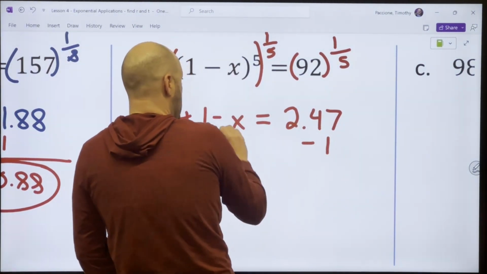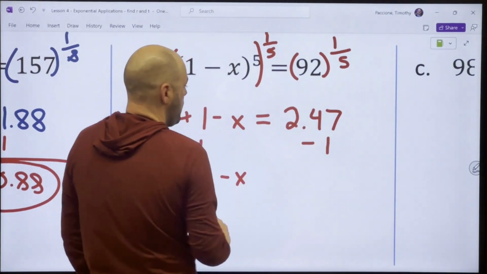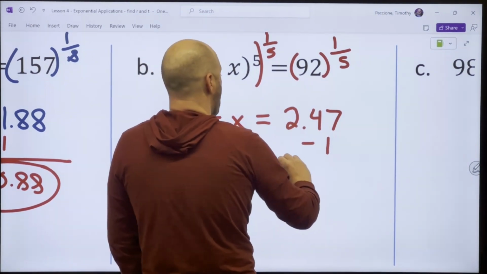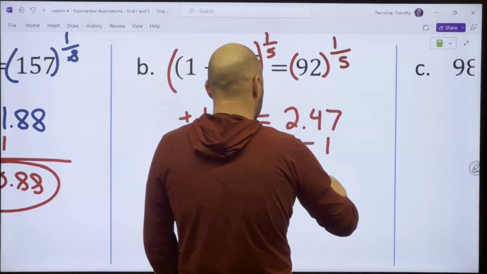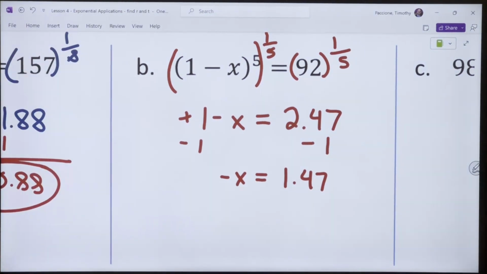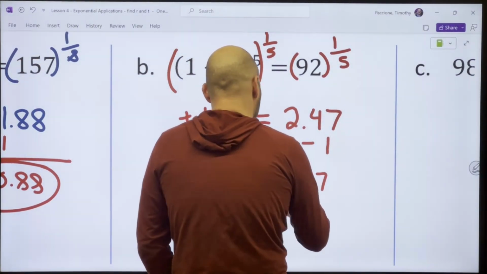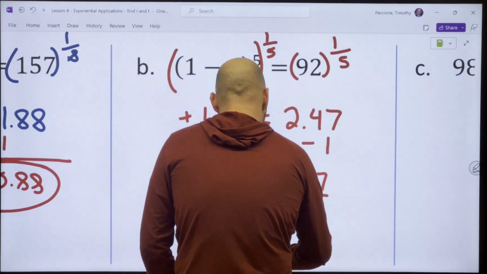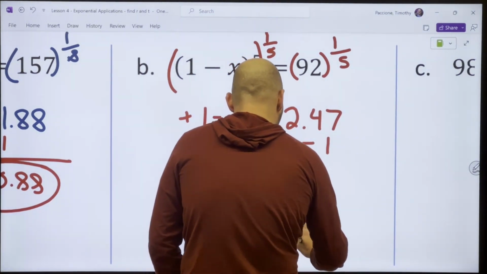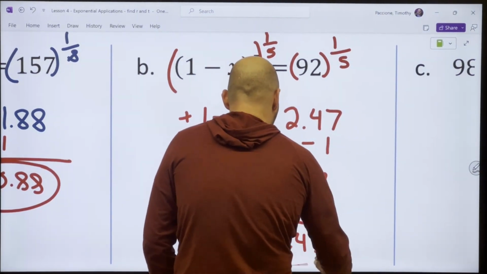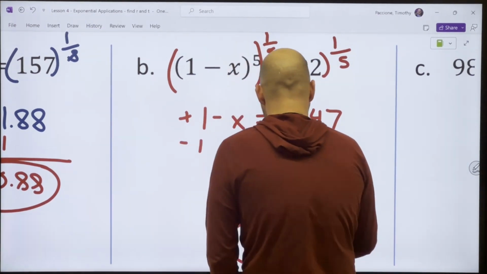So I end up with negative x equals 1.47. Then we divide by negative 1. So it's negative 1. X equals negative 1.47, sorry. Okay?